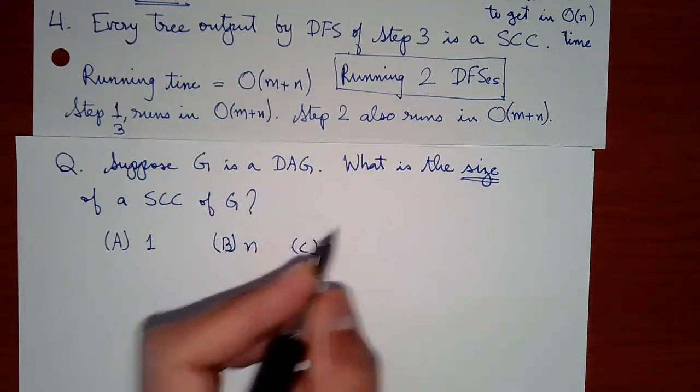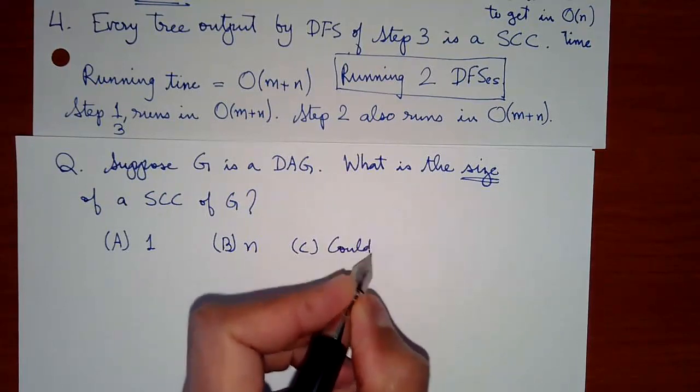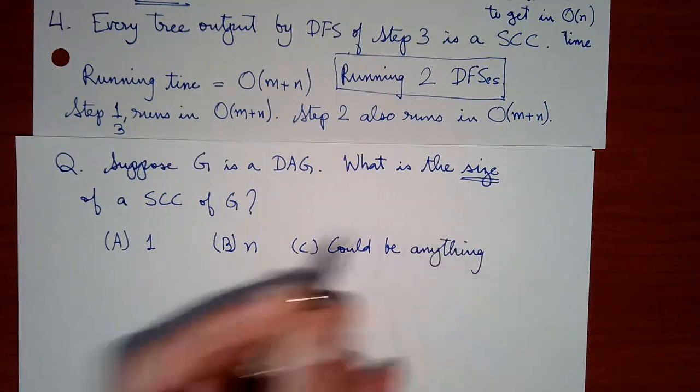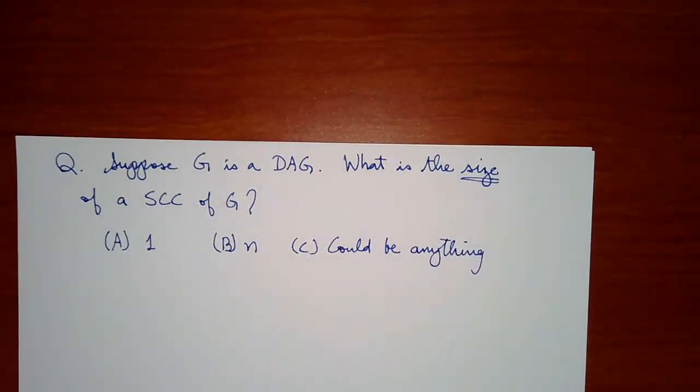Or C, could be anything. Let me launch the poll. What is a strongly connected component in a DAG?